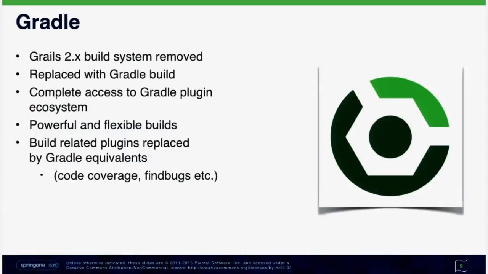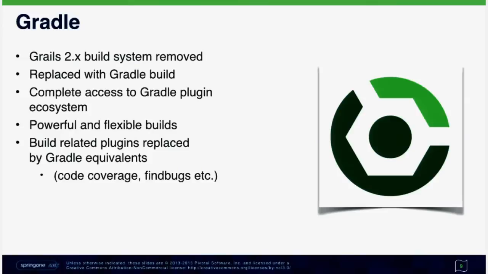And the same for things like FindBugs and CodeNarc and all those build-related plugins from Grails 2 that are not available in the plugin repository for Grails 3 at the moment initially. That's just because there's not going to be replacements for them, because there are already existing replacements in the Gradle community for those features.